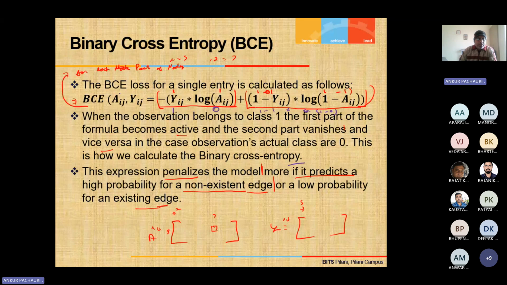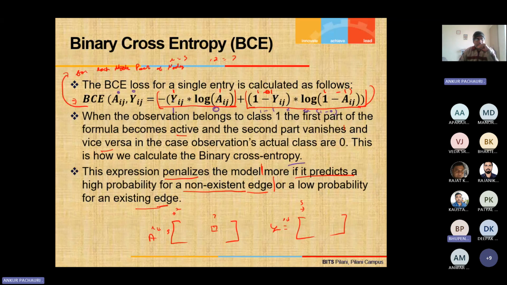Suppose it was supposed to be 0 and there is a 0. So in this case 0 into log 0. What is the value of log 0? Undefined. Okay, so 0 into something is 0.